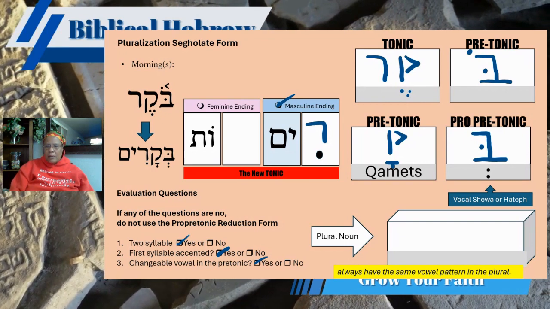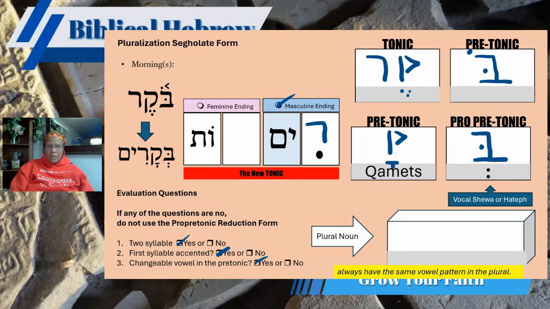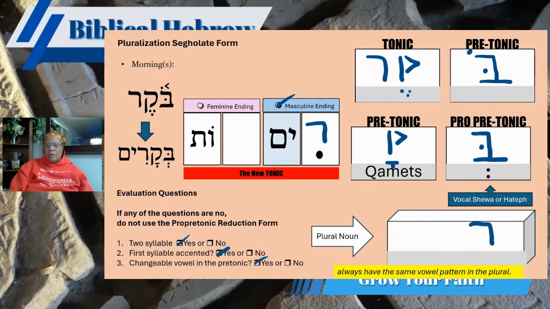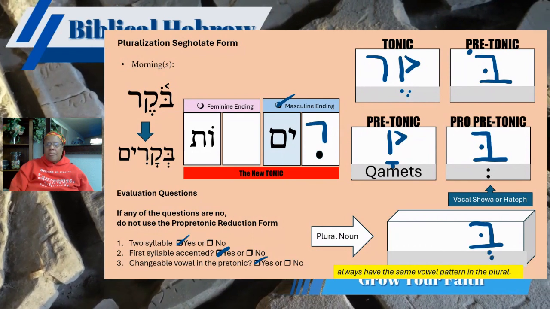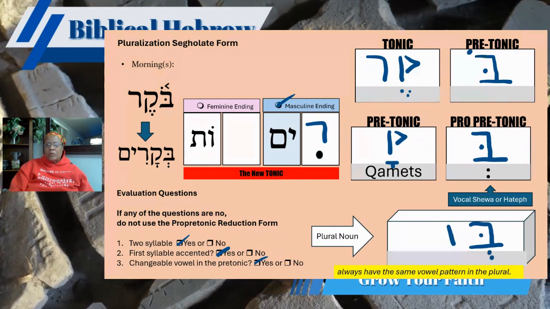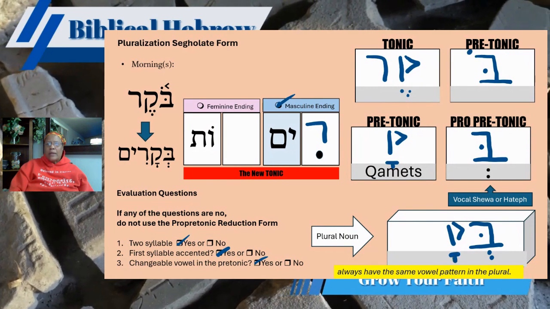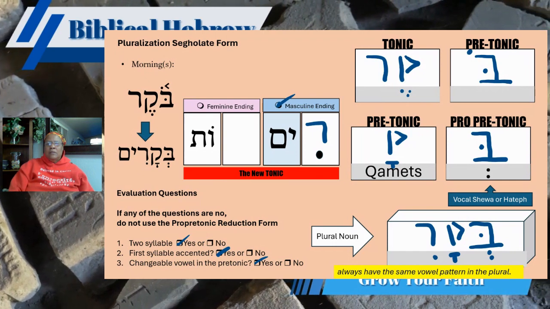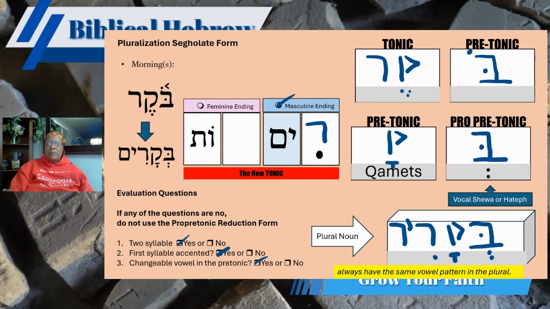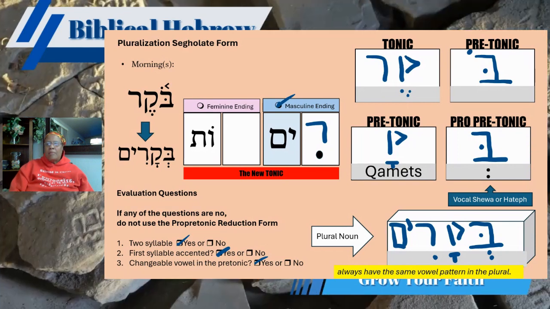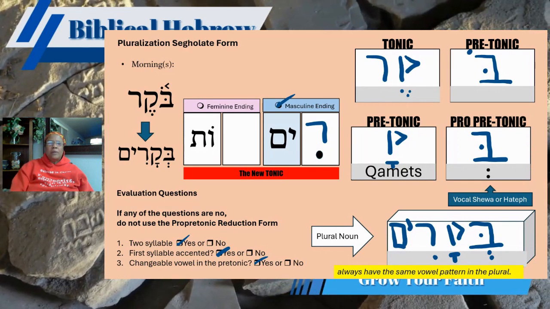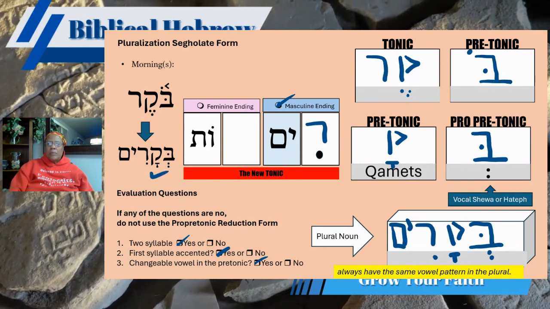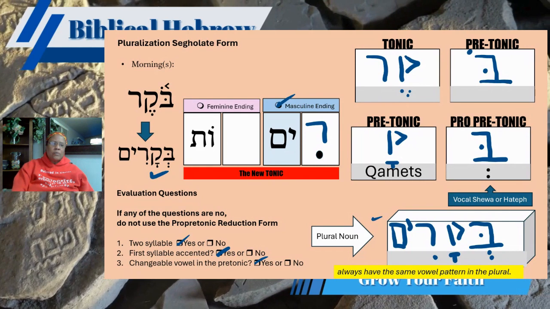As I write, I am rewriting the final word. And this gives me practice writing with the hirik yud and a mem. And we have Bakarim. And remember the stress is on this last syllable.